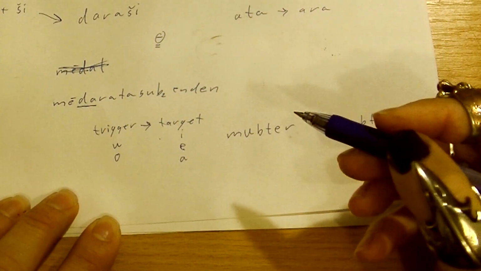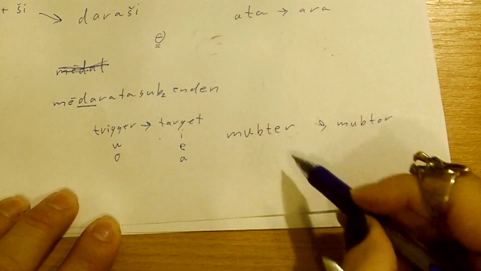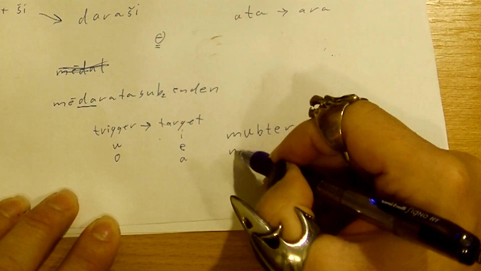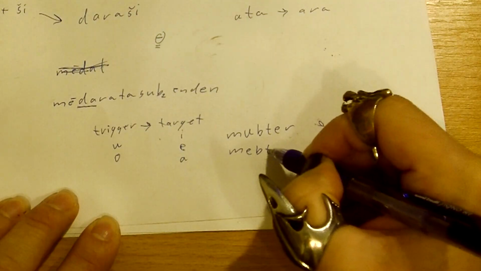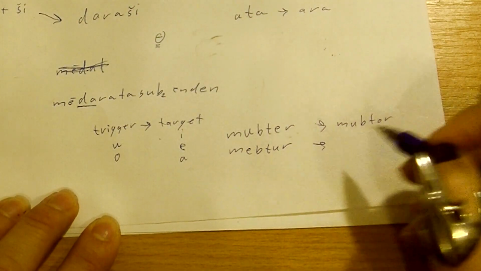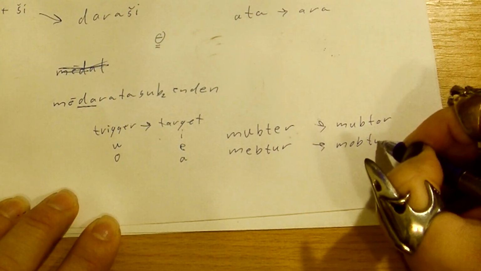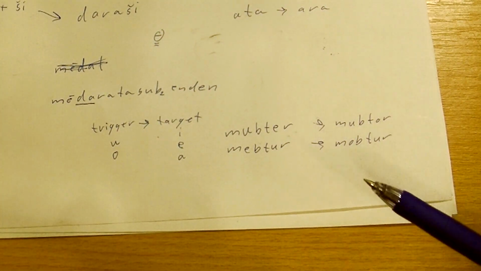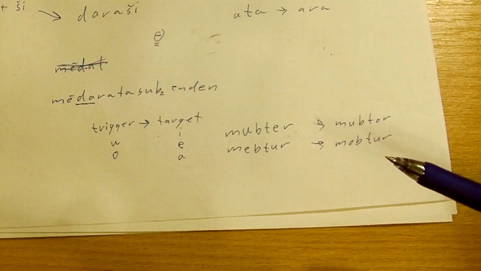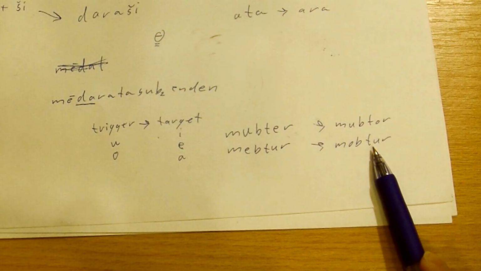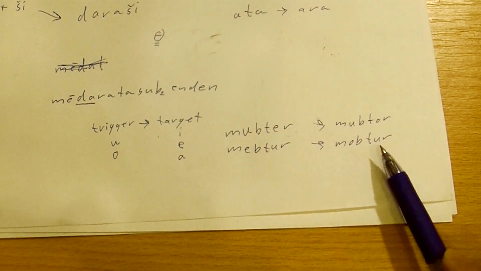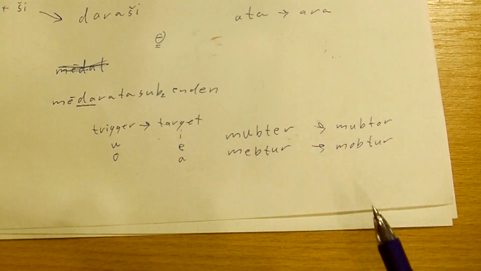But if I change the original order of the vowels and I say map tor, it would change into mop tor, because this feature always spreads from the dominant vowel to the target one.